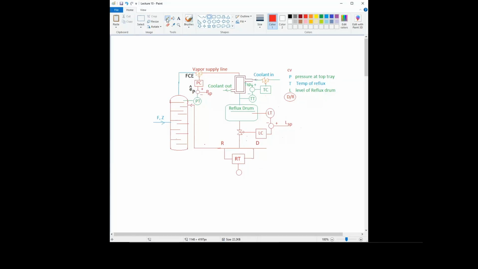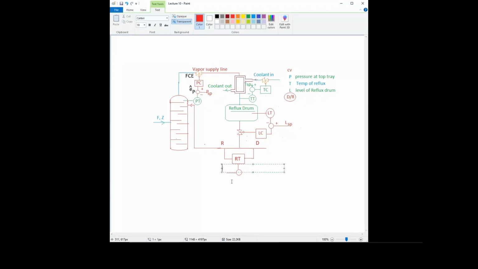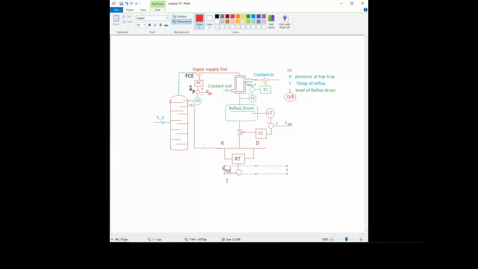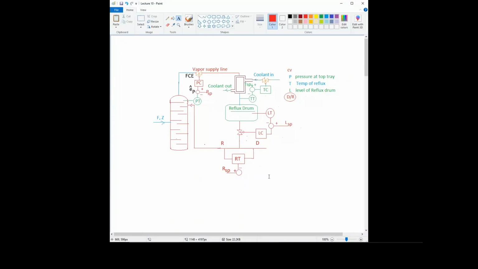So here is the set point ratio, the set point for this variable. So plus and here minus, right? So we will get the error in the ratio. Here we are getting the error, and then this error will be given to the controller.